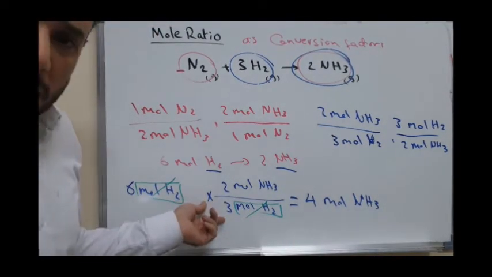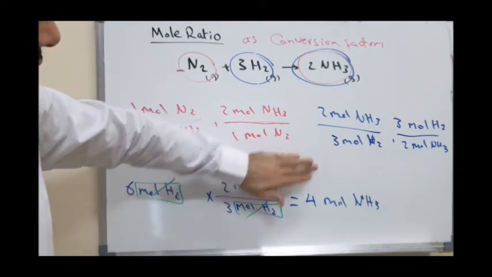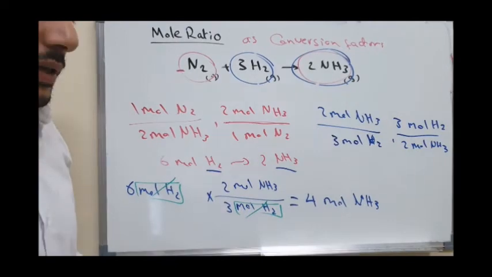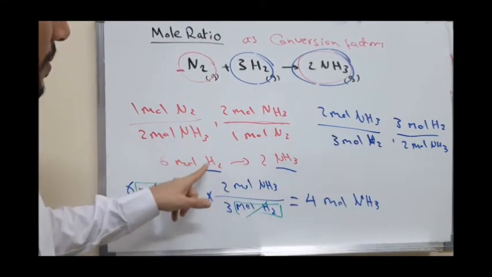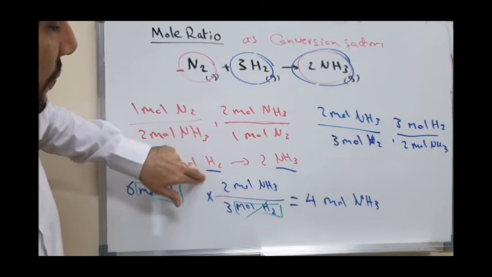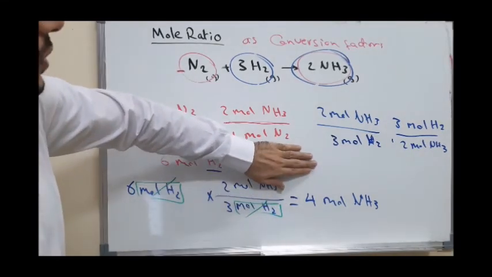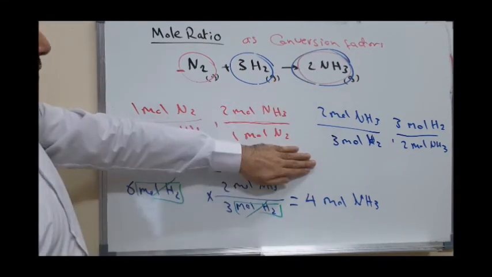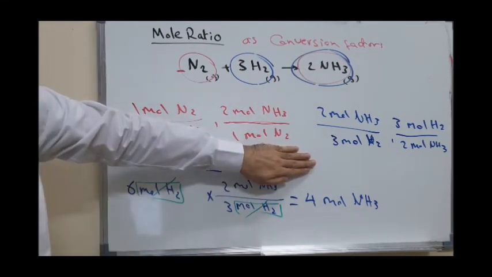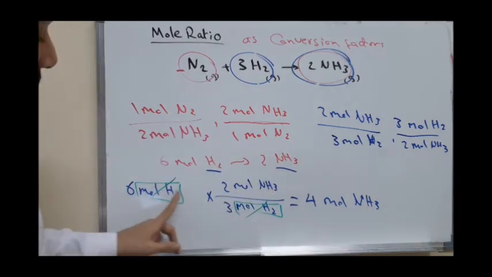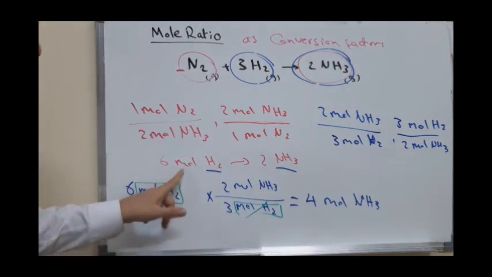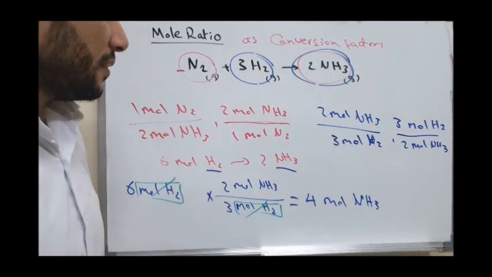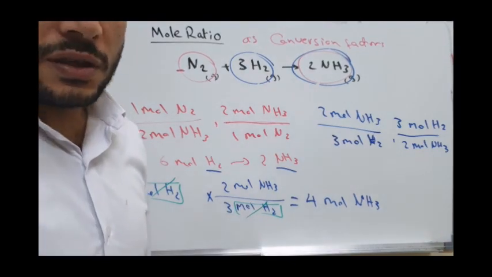To answer the question, ignore the question itself and conclude the conversion factor from the balanced chemical equation. We have hydrogen and we ask about ammonia, so the hydrogen we have is in the denominator and the ammonia we want is in the numerator. Then we multiply by the number we have in the question, complete the calculations and get the answer. Thank you very much.